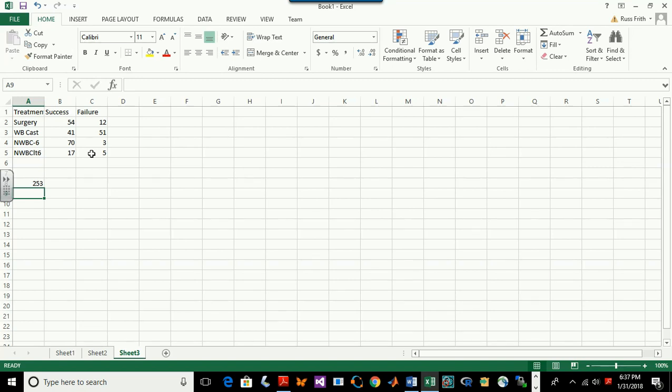So we can get the expected value, E. We need the row total for surgery.